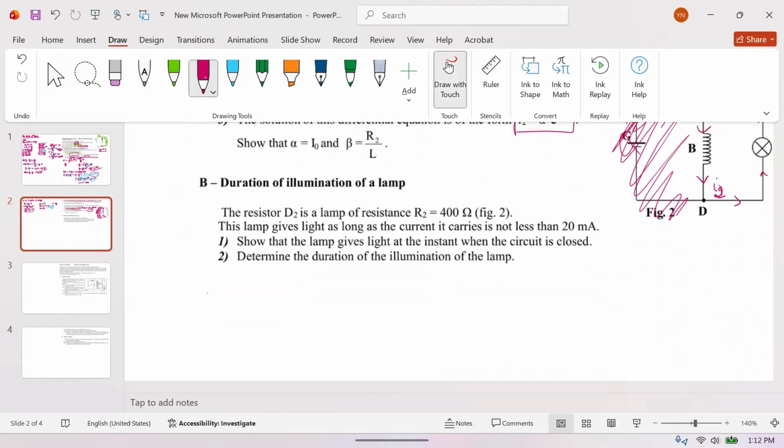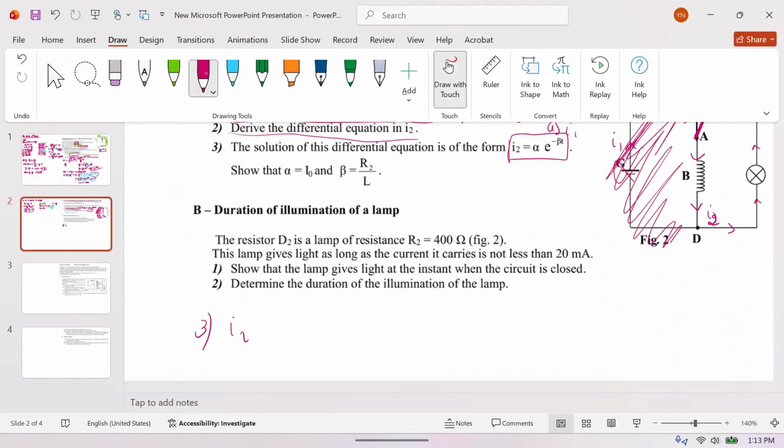Okay, so the first step we do, as I said before, we write the solution in front of us, which is I2 equals alpha e to the minus beta t. This is the first step. The second step, we find its derivative, which is alpha e to the minus beta t.